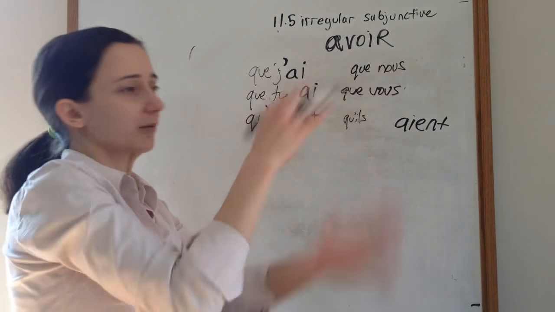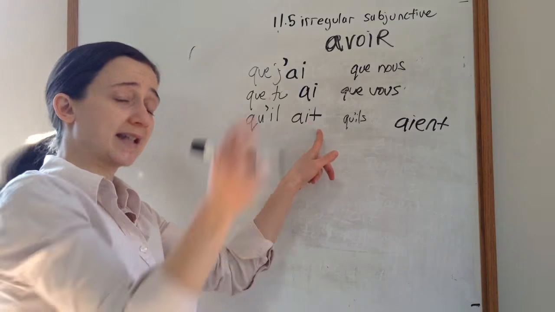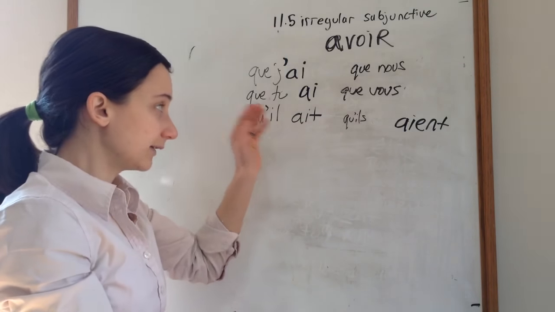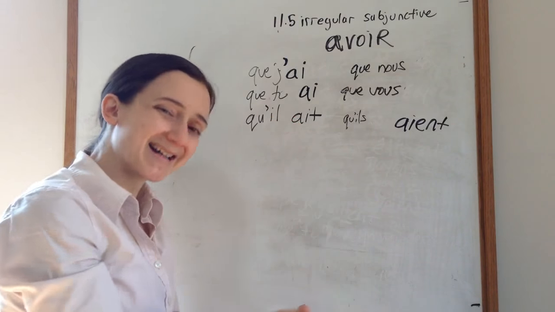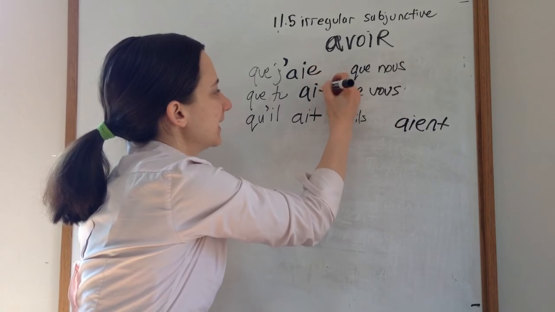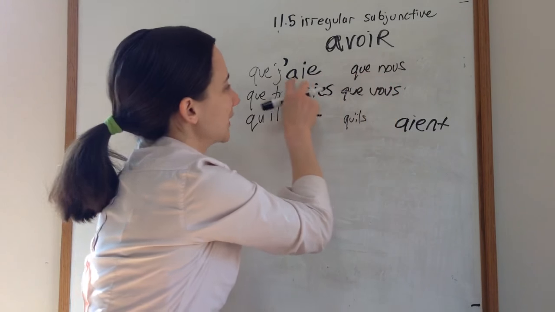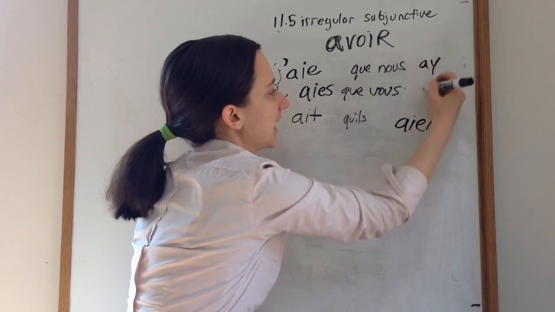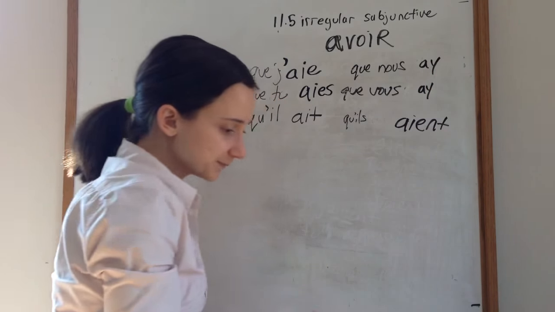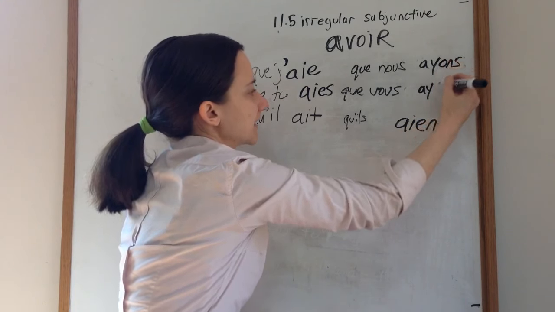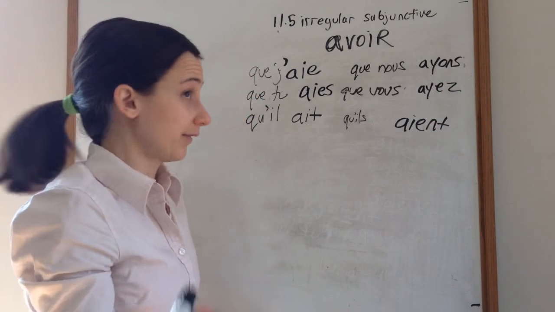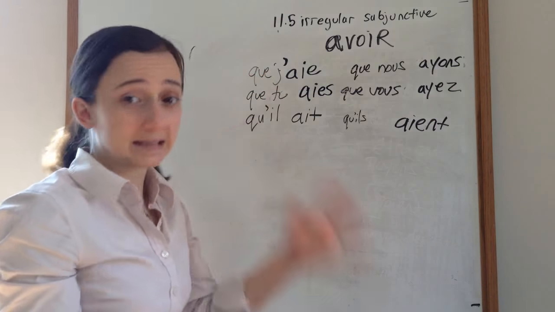And here, this is where we're mixing everything. We're mixing the T here that we've learned, but then we're going back to the E and ES pattern here. And then we're taking the AI and changing it to an AY and then doing YONS, easy.